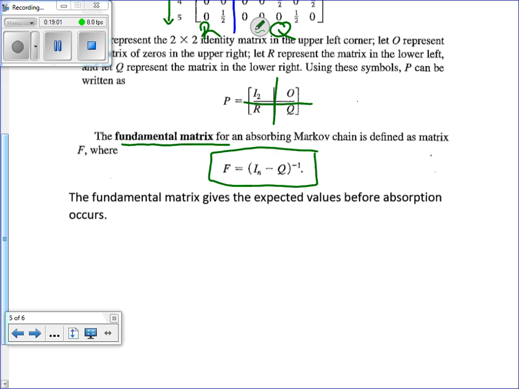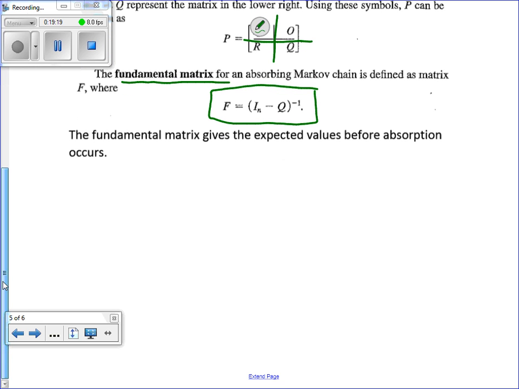The fundamental matrix gives the expected values before absorption occurs. So I'm going to use the data from the top there, and we're going to get a value for F, which is our matrix before this thing absorbs.